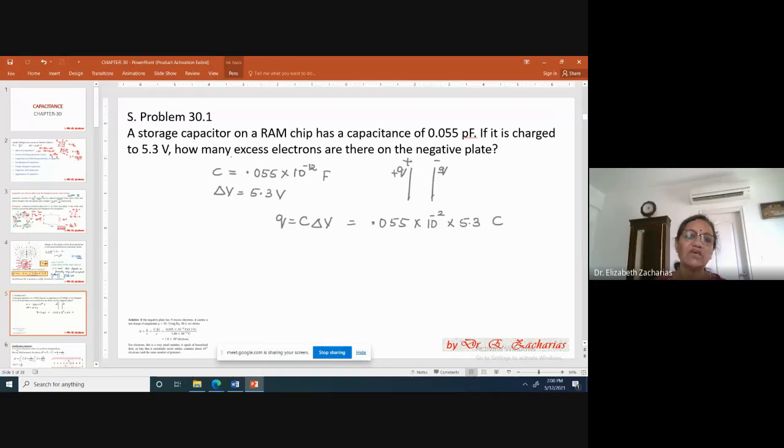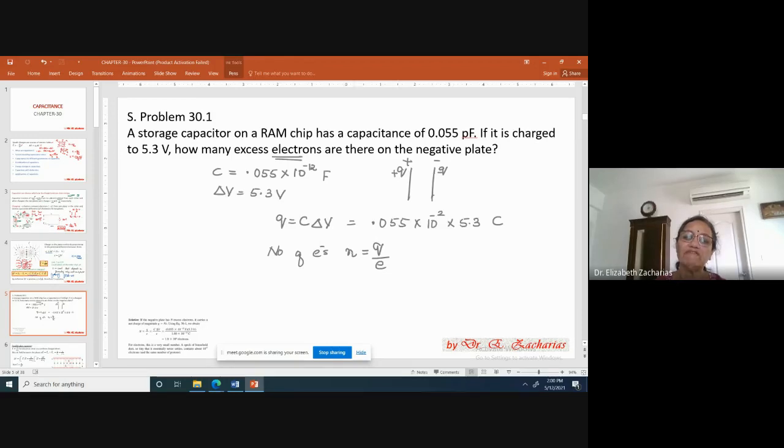But what is asked is, how many electrons are there? How do I get the number of electrons? Let n be the number of electrons. Total charge is Q. What is the charge of one electron? It is e.